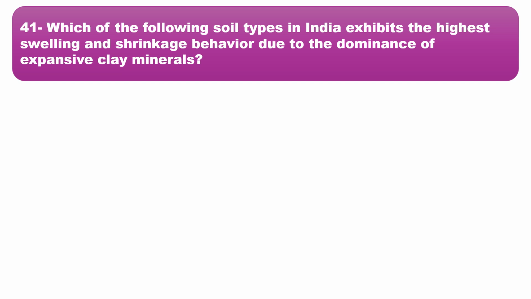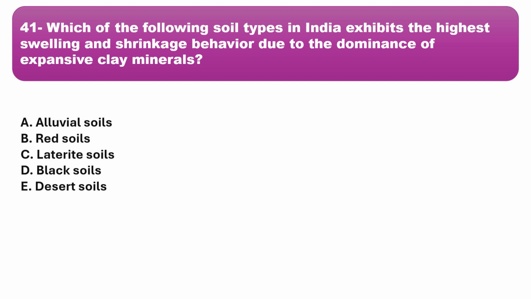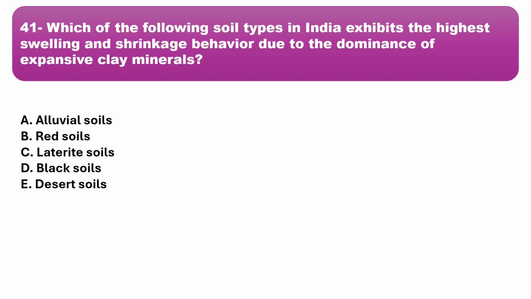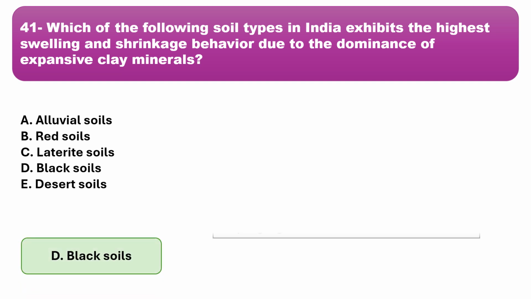Next question. Which of the following soil types in India exhibits the highest swelling and shrinkage behavior due to the dominance of expansive clay minerals? The options are A. Alluvial soil, B. Red soils, C. Laterite soils, D. Black soils, E. Desert soil. The correct answer here is black soils.